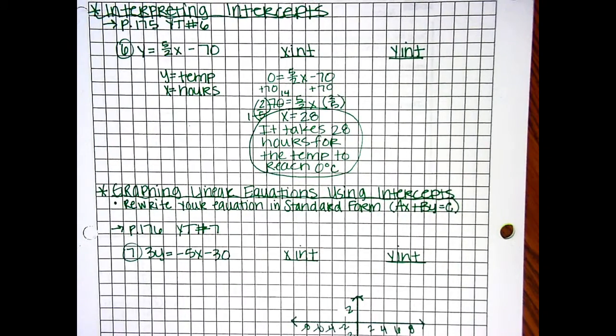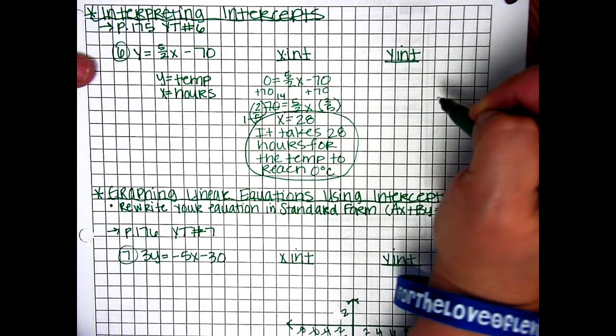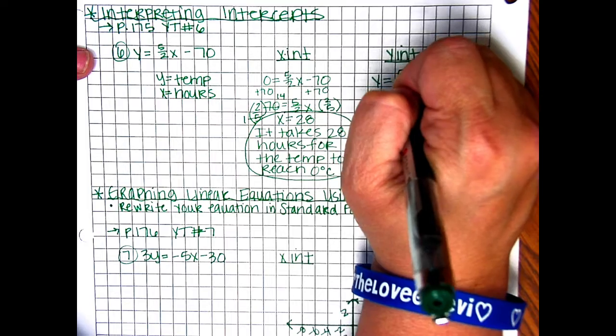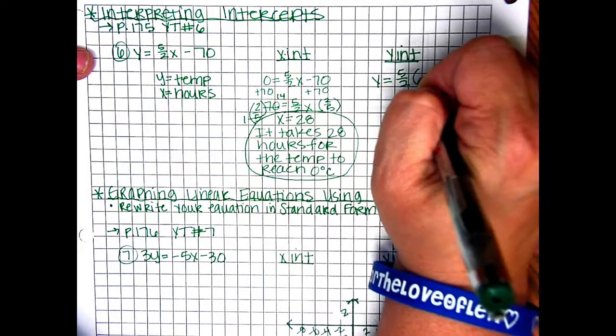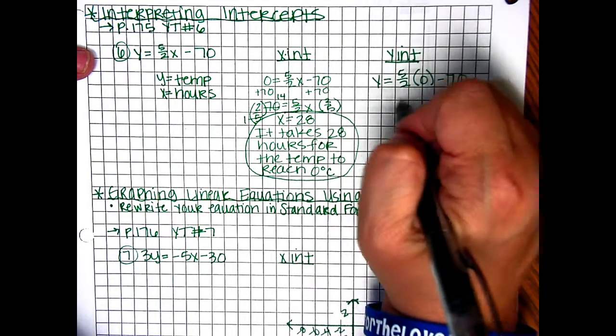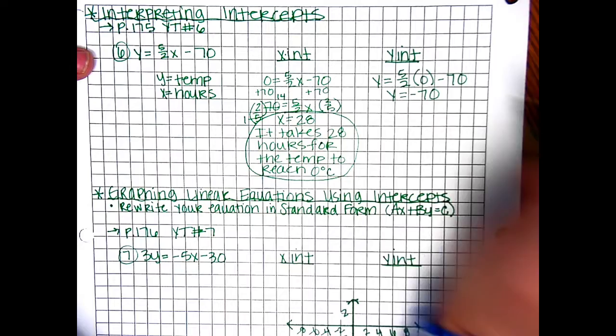So we're going to go ahead and do the y-intercept now. I'm going to substitute 0 for x. So y equals 5 halves times 0 minus 70. When we solve for that, that one's a little easier. y equals negative 70.